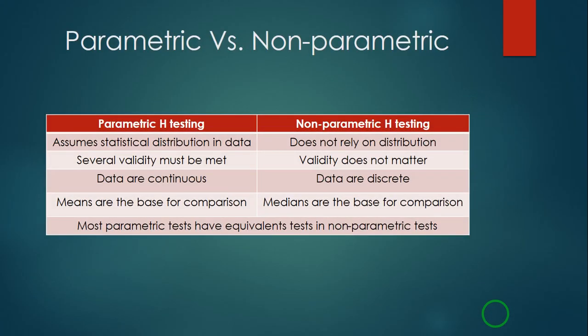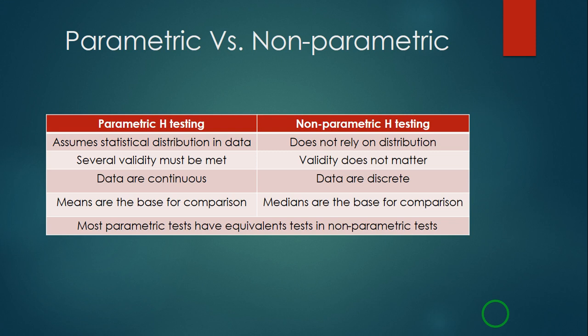Let's have a look at the differences between parametric and non-parametric tests again. Parametric tests assume statistical distribution in data, focusing on the normality of data, but non-parametric tests don't rely on distribution. Parametric ones should meet several validity assumptions in the data, but for non-parametric ones, validity is not the case.